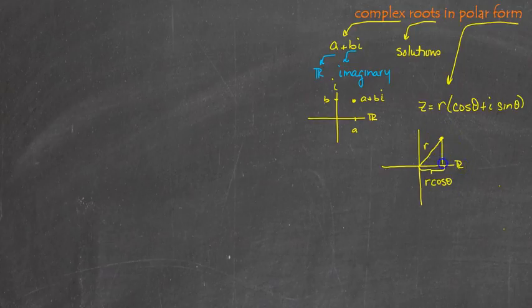And then we have a vertical component, which would be written as r sine theta, but that's imaginary, so we have i times r sine theta. If I factor the r out, I'm left with exactly what I wrote up here, which is z equals r times cosine theta plus i sine theta. All I've done is factor the r out of the polar description for the location of this point.